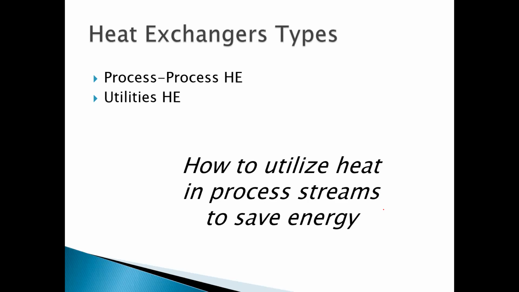And we have utilities heat exchangers, where the heating and cooling requirements come from the utilities, which can be cooling water, refrigerants, etc. for the cooling. They can be hot oil, steam, low pressure, medium pressure, high pressure, very high pressure steams, etc. for the heating utilities.